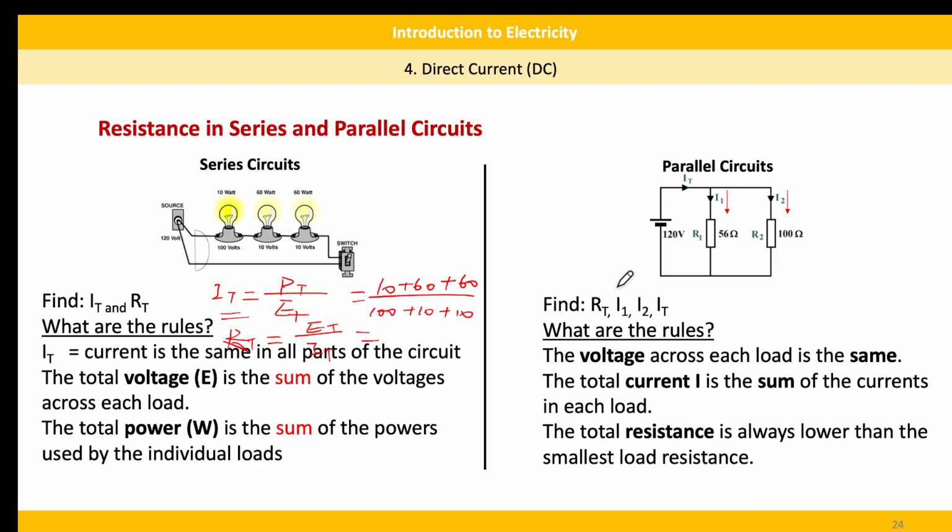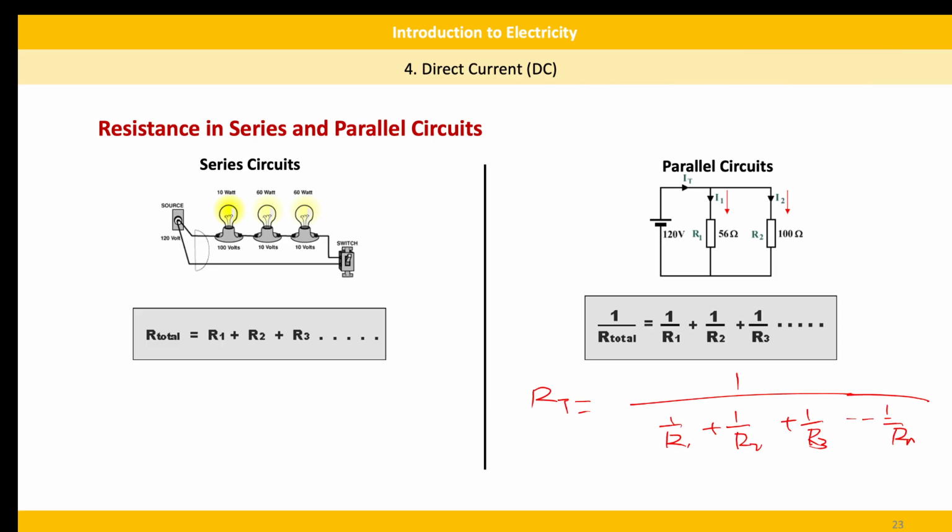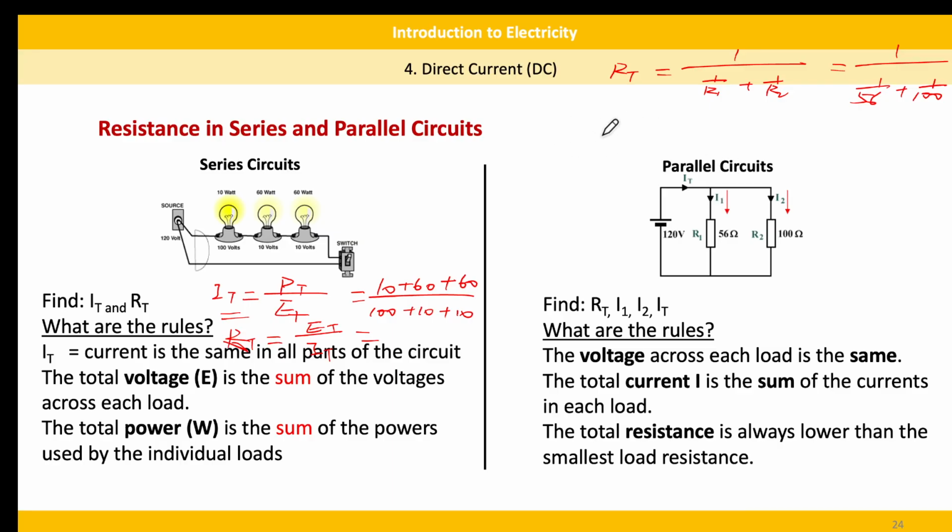And then how about the parallel? For parallel RT, we use R1 and R2. Am I correct? Yes. And then how about I1? I1 is 100 V over 56 ohm, because ET is the same as E1, the same as E2.